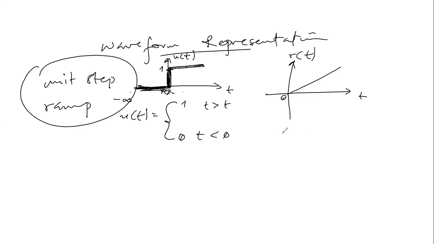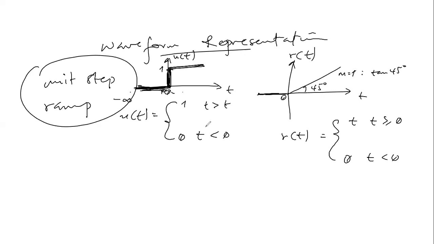Now, for the ramp function, r of t, it takes on a 0 value at t less than 0, and it takes on the value of t at some time greater than or equal to 0. So this is 45 degrees, so the gradient here is 1, which is the same as tan 45 degrees, right?